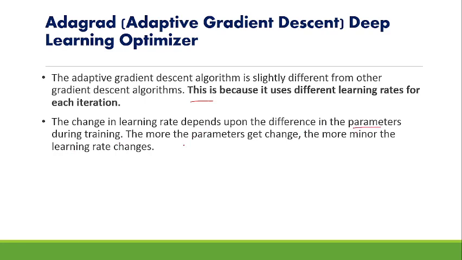The more the parameters change, the smaller the learning rate. As you have seen, 0 to 1 is the range of alpha. This range is changing continuously; in each iteration, if the weights are not changing much, accordingly the learning rate will be increased.